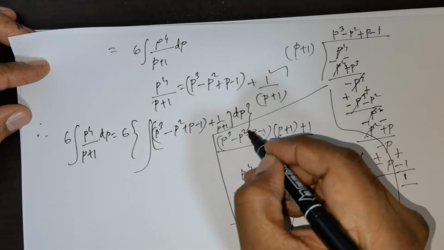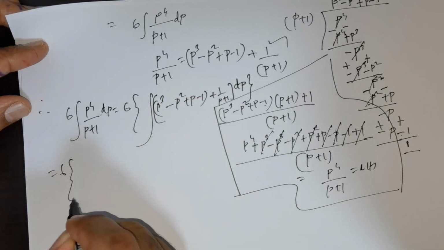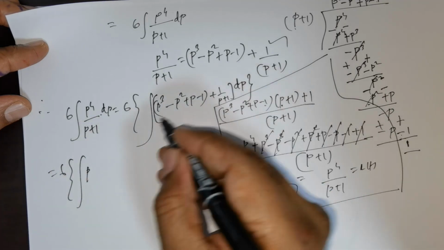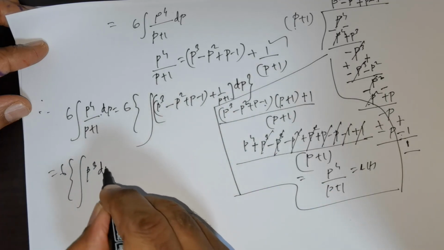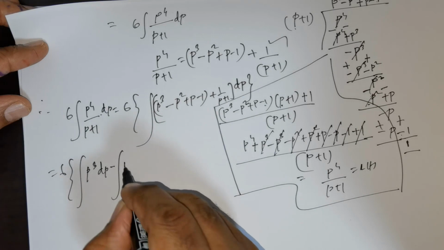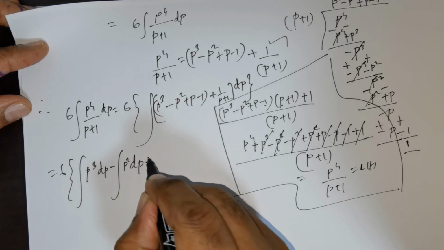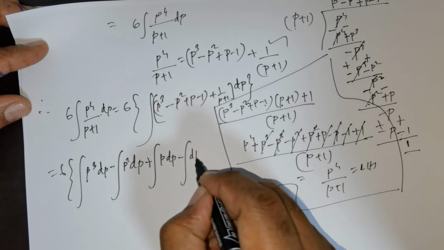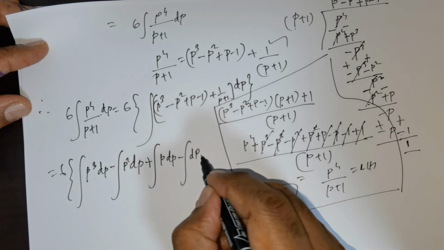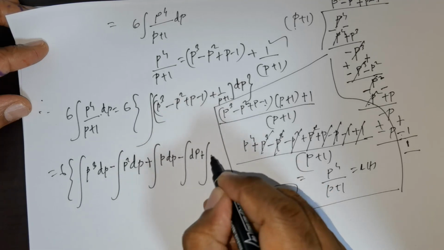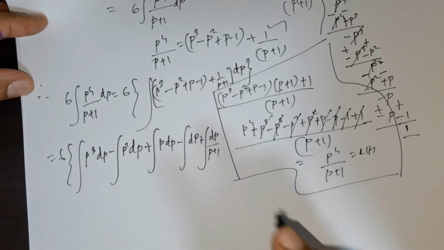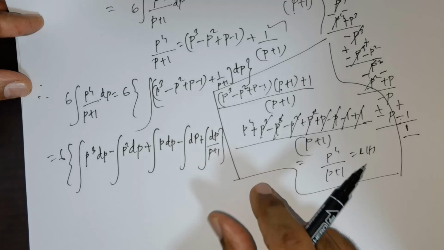Now this can be further rewritten as 6 times integral, I'm distributing the dp, p cubed dp, negative p squared dp, p dp, negative dp, and then positive integral dp over p plus 1. Okay, fair enough. This is what we have to integrate.